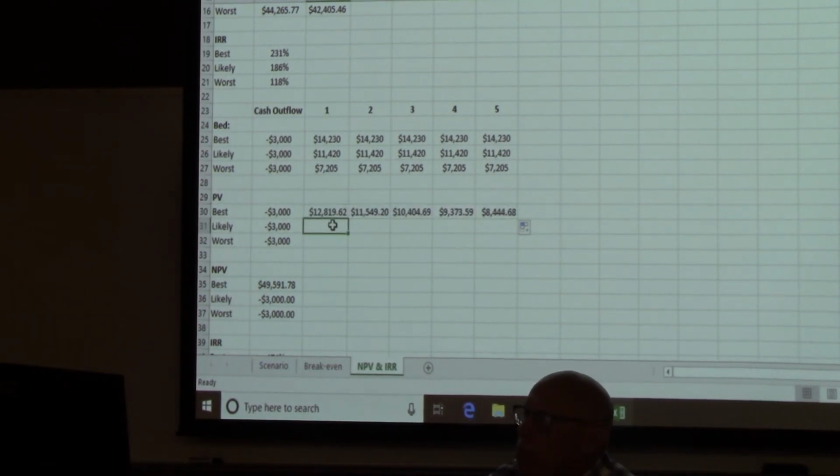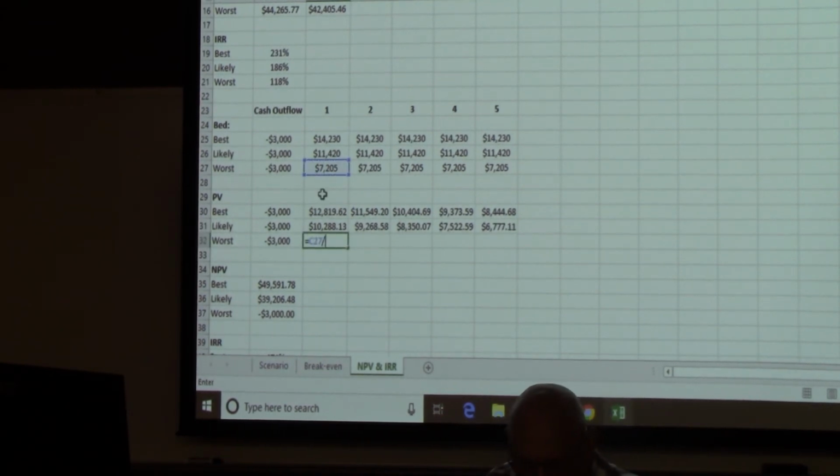Okay, then we have that cash inflow divided by 1.11 raised to the year, and we'll scroll over here with that, and then equal to that divided by 1.11 raised to the year, and we've got this.